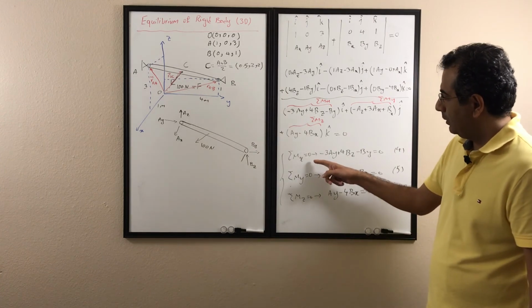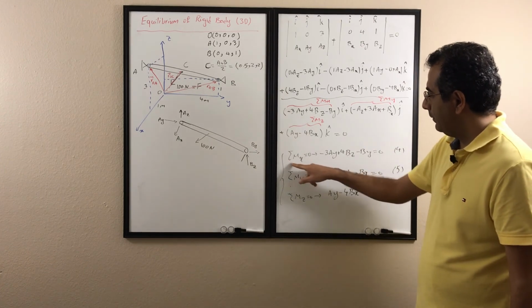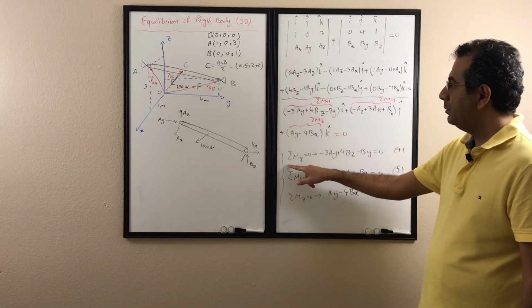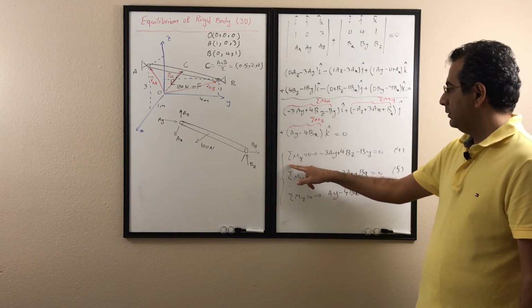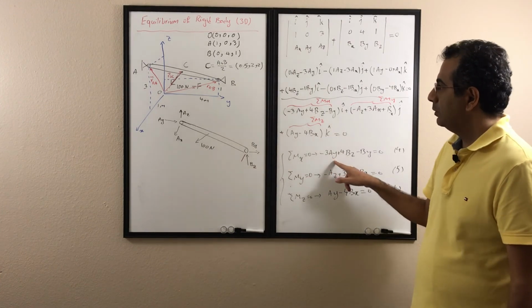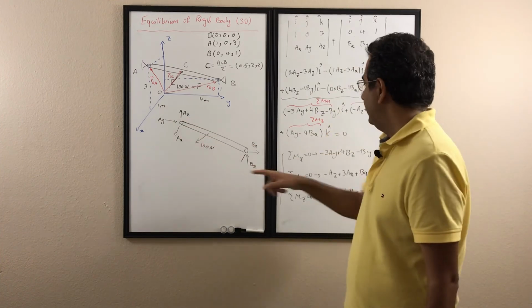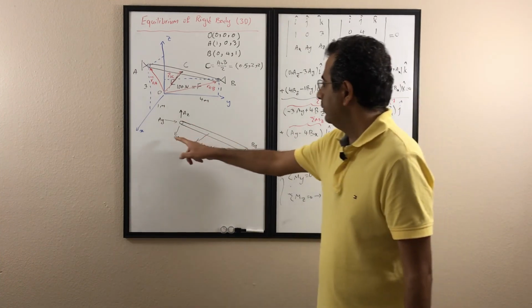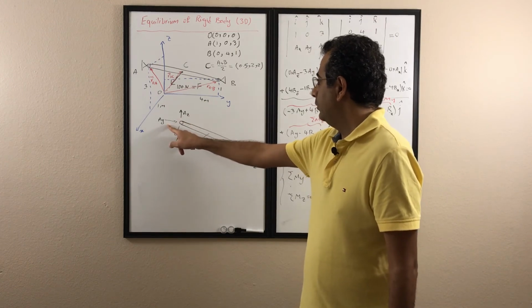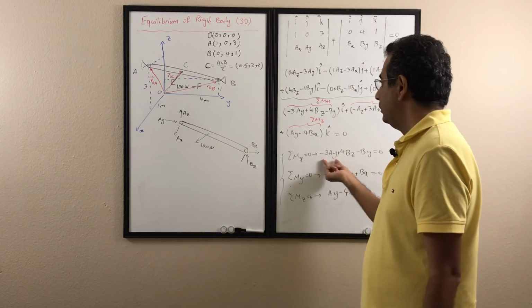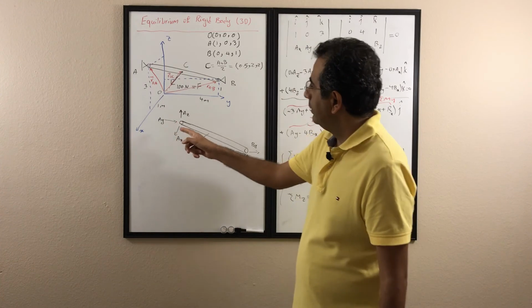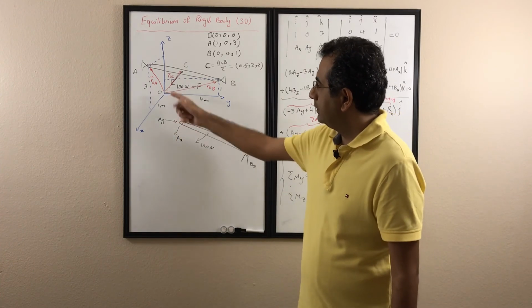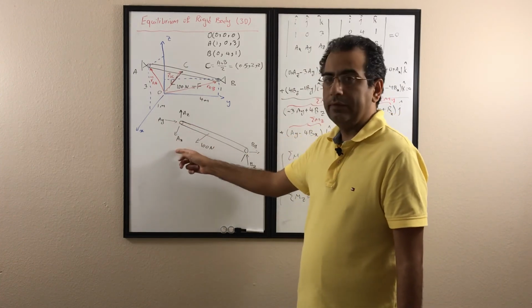More about this equation. If you look at that, this is the moment about the x-axis. About the x-axis, Ay has a moment at point A, and the reason is that Ax is parallel to x, so it doesn't have any moment.